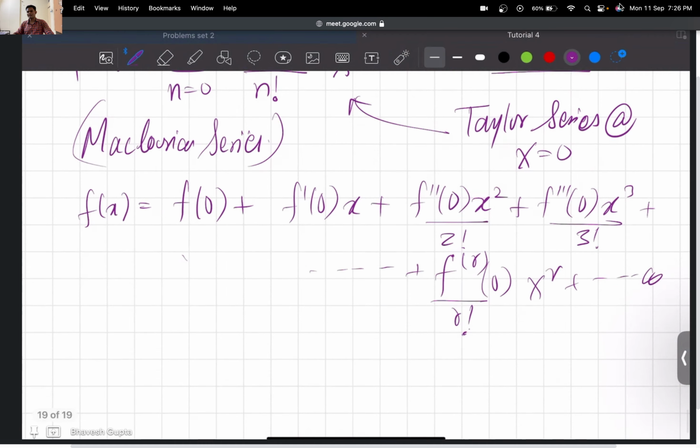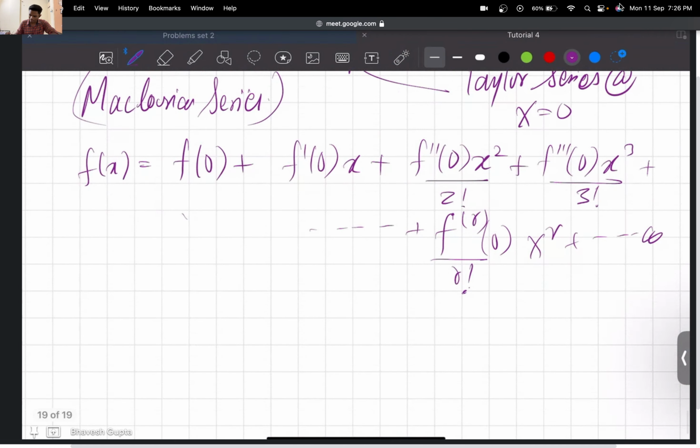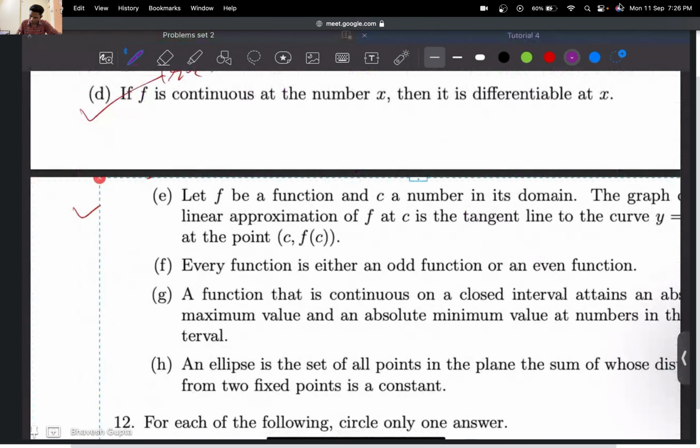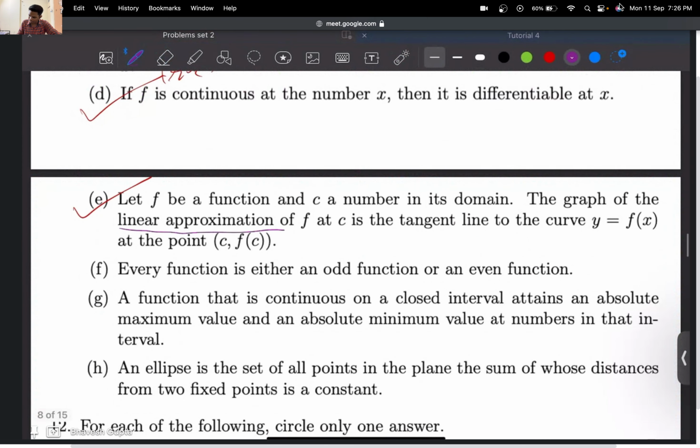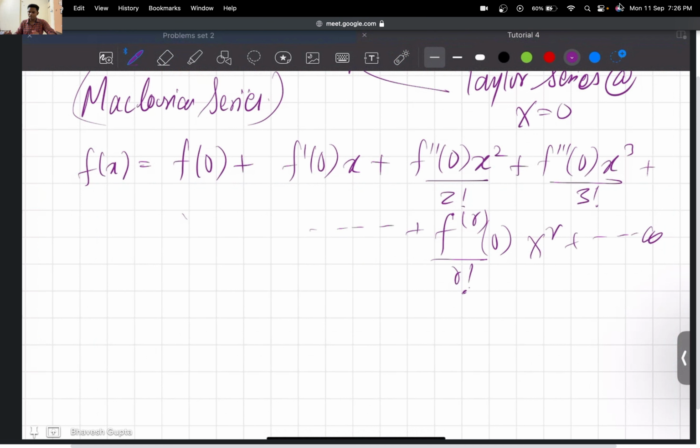Okay, but the idea is that in the question they have asked me to calculate the linear approximation of f. So what does it mean by linear approximation? Linear approximation is that you will restrict your x very close to 0.